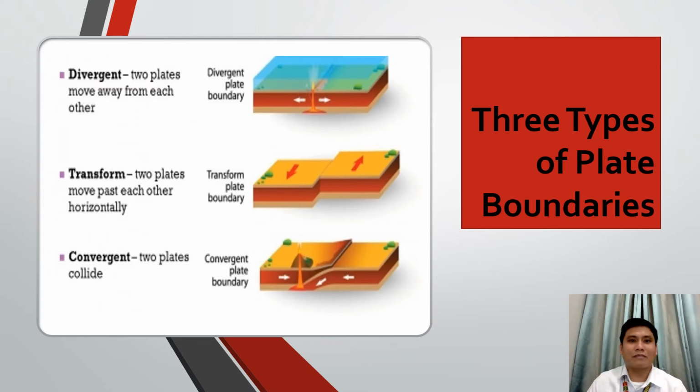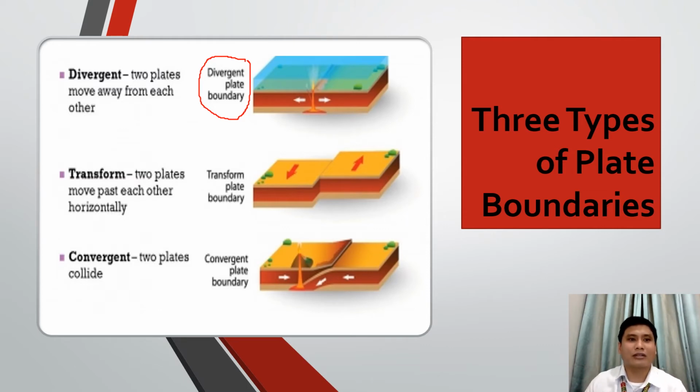From those three figures a while ago, we can actually identify the three types of plate boundaries. So what are the three types of plate boundaries? So first one is known as divergent plate boundary. So in this type of plate boundary, the two plates move away from each other. So in Tagalog, naghihiwalay sila.